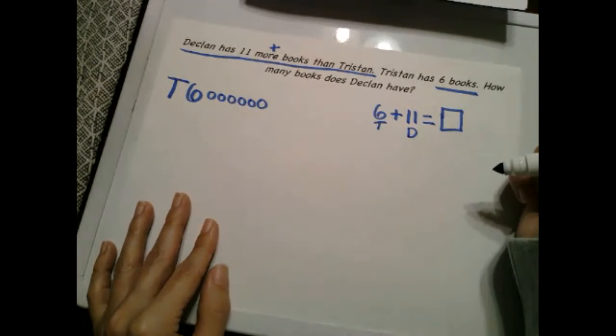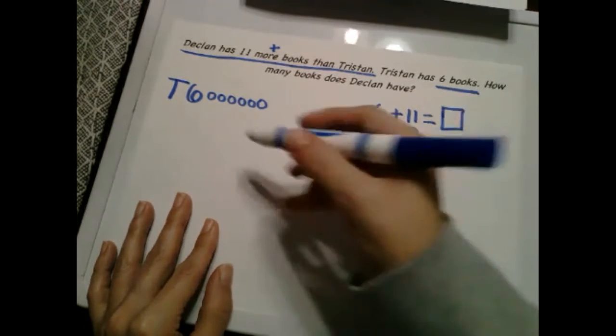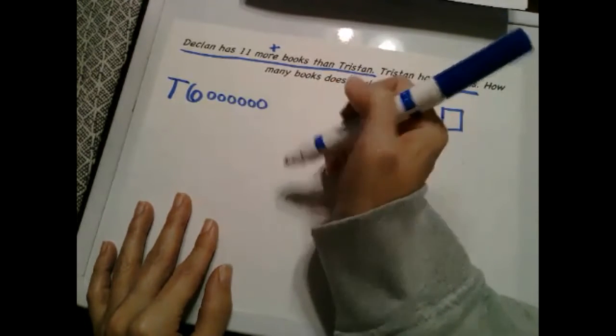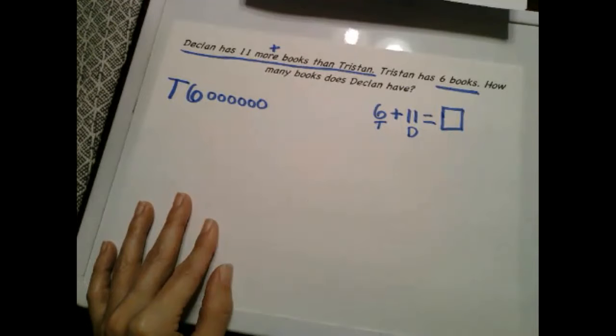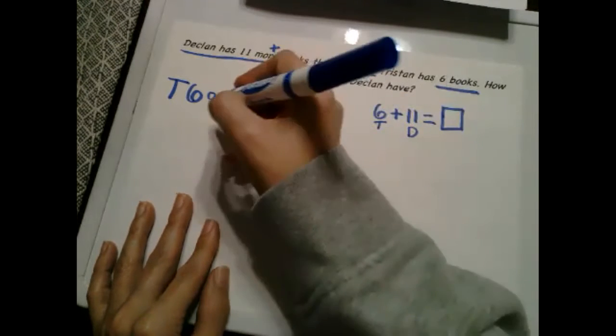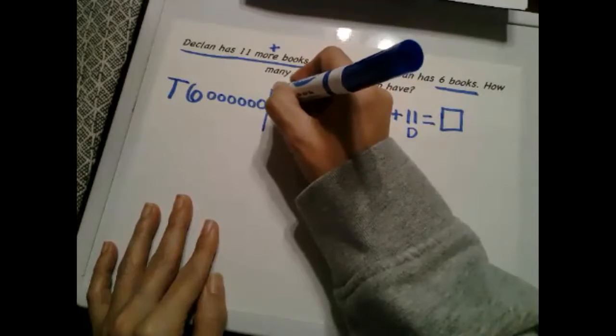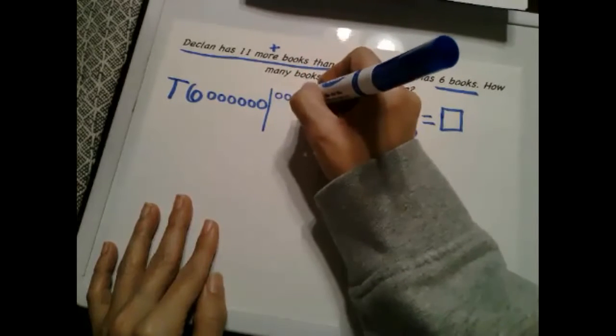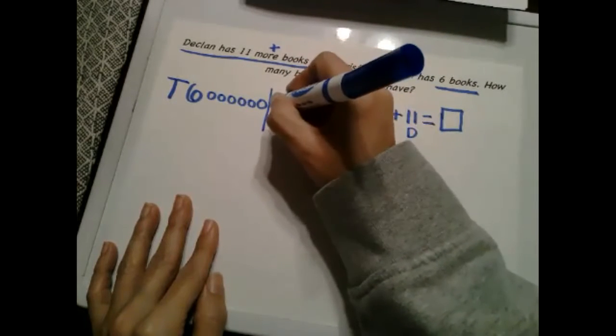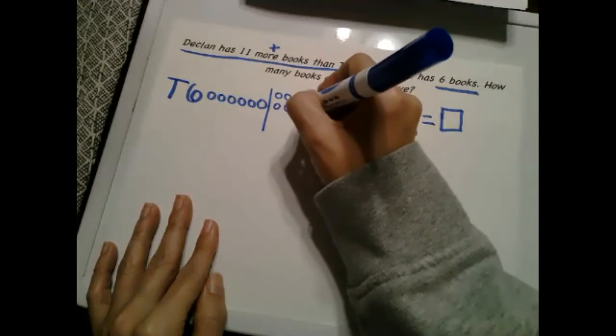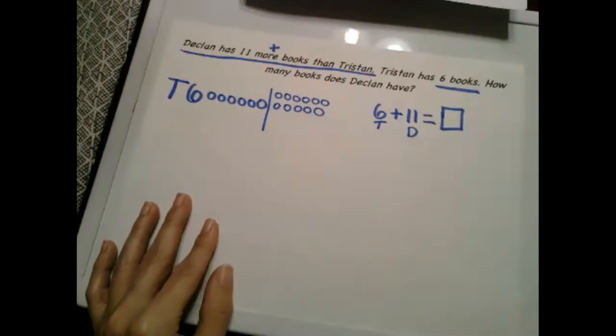So let's see what that looks like. Here's Tristan's 6. I need to add 11 more. 1, 2, 3, 4, 5, 6, 7, 8, 9, 10, 11.